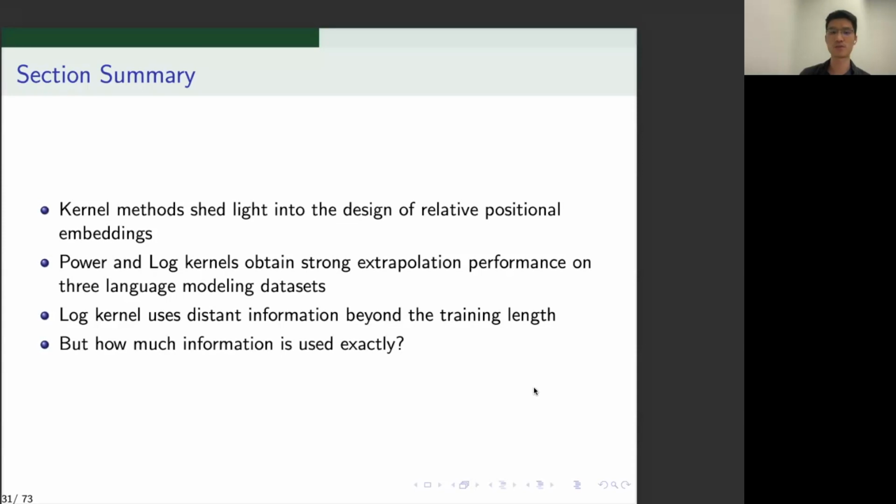This is indirect evidence that the model is using more token information, but how much information is used exactly becomes the question. We want to exactly quantify the number of tokens this model uses during the extrapolation stage, and I will cover this in the next section.